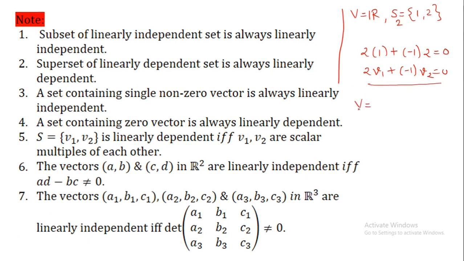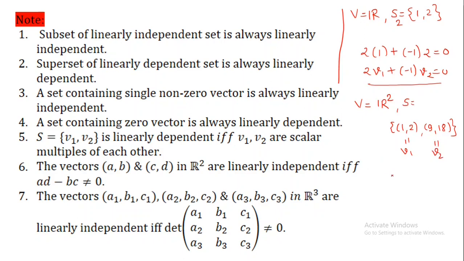Similarly, for another example, V is equal to R2 and S to be (1, 2), (9, 18). For this set, this is our V1 and this is our V2. What was the relation over here?